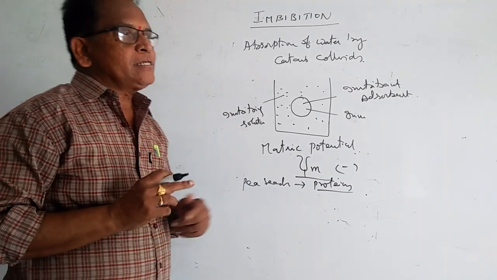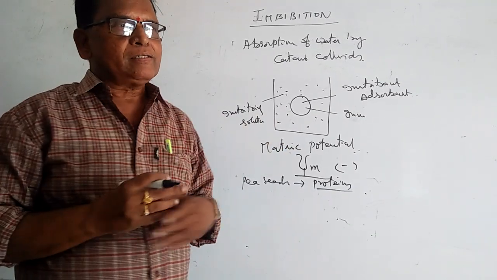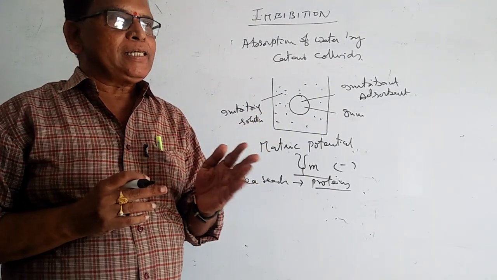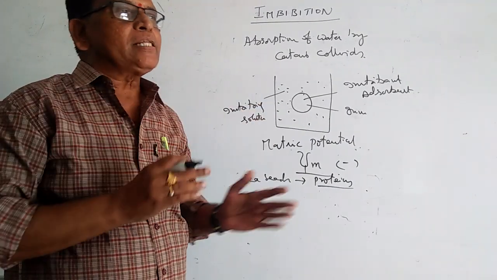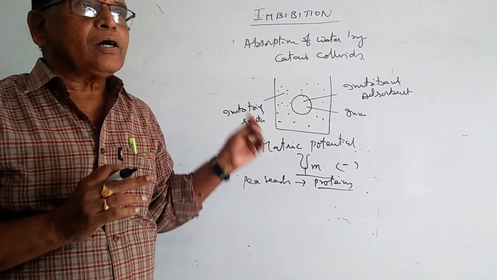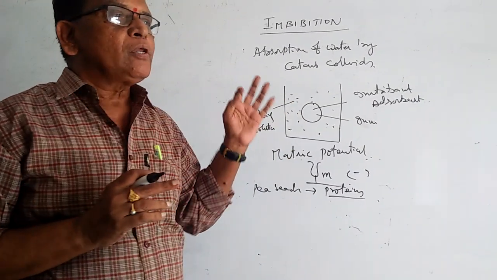And this imbibition is a type of diffusion. As you know, diffusion always takes place from a region of higher concentration to a region of lower concentration. So based on the pressure gradient only, this imbibition also works.